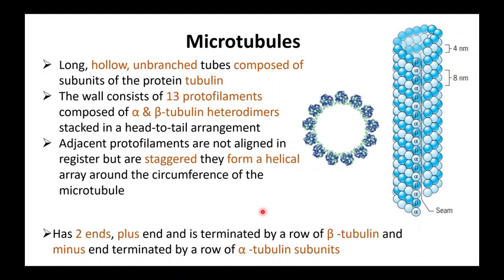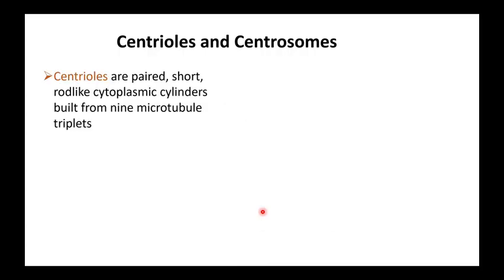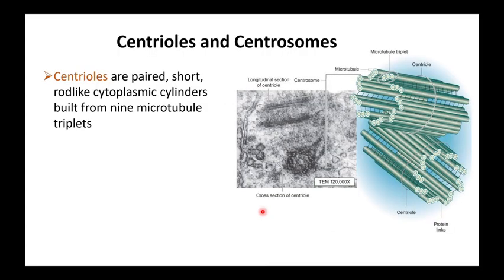Now, centriole and centrosome. Now, if you look at the microtubule, can you see a microtubule here? How many microtubules are sitting together? Three. Now, three microtubules together are a triplet. Now, 9 triplets sit around together. That structure is called a centriole.